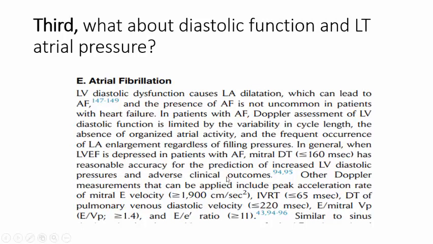Third, and really very important, what about diastolic function and the left atrial pressure? It's very important to assess diastolic function properly in a patient with acute dyspnea, because diastolic failure is a cause of acute pulmonary edema.